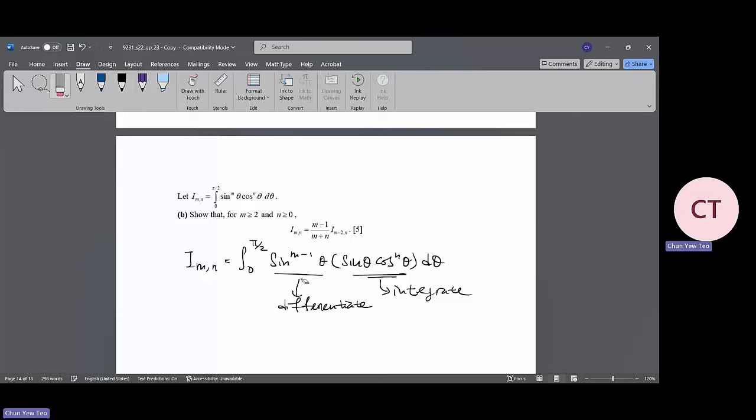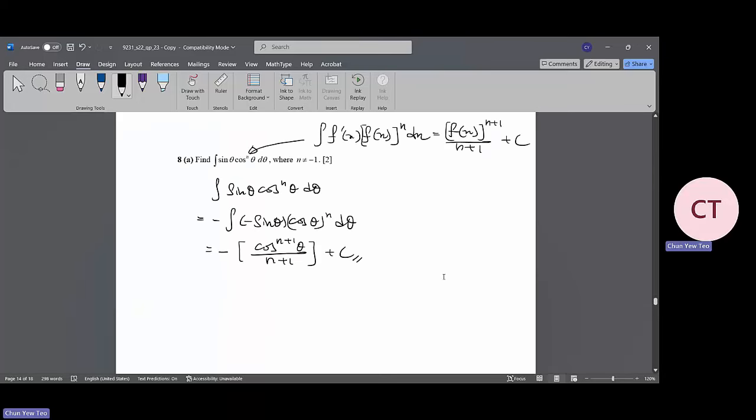So by applying the integration by parts rule, you will get that this one remains. This one you integrate. How to integrate? You actually just refer to the answer in part A. Answer in part A, we have this result already.